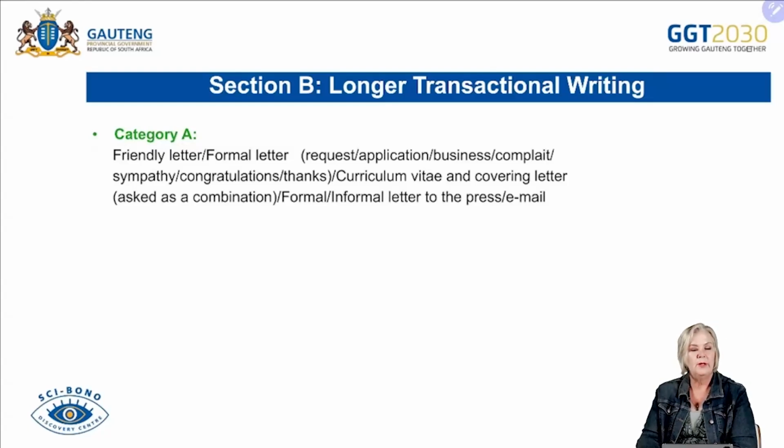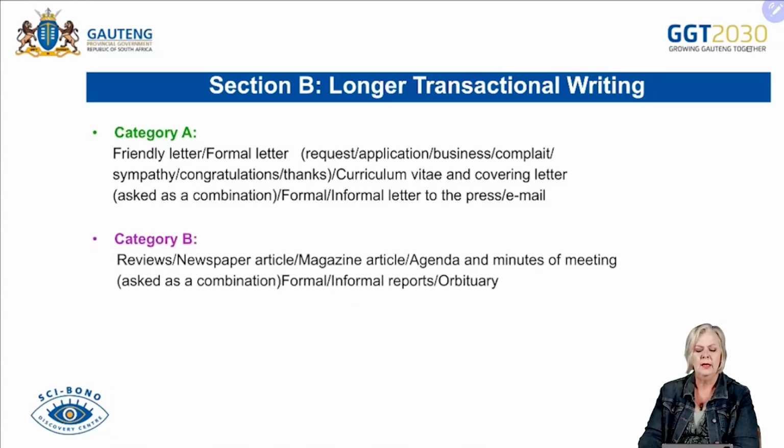There might also be a curriculum vitae and a covering letter asked as a combination, which implies that you are going to have to write both the curriculum vitae as well as the covering letter. And then the formal, informal letter to the press as well as the email.